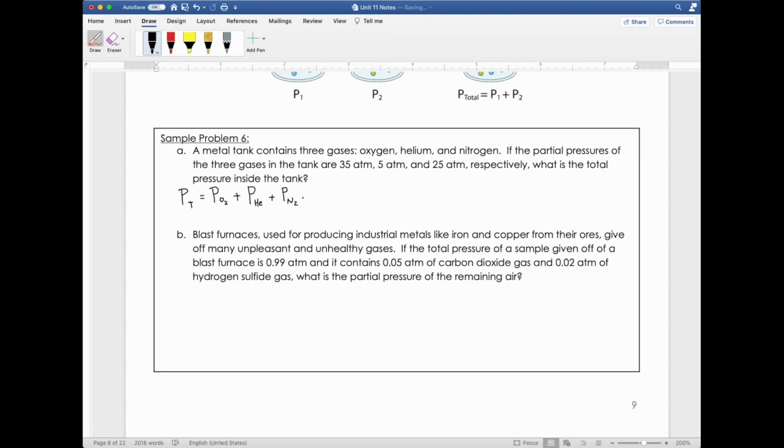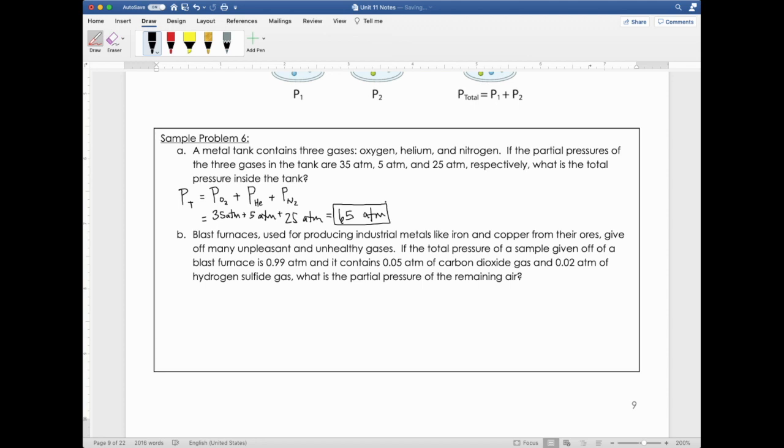If we want to know the total pressure, all I have to do is add up the partial pressures of the component gases. Oxygen is 35 atmospheres, helium is 5 atmospheres, and nitrogen is 25 atmospheres. The total pressure would just be the sum, which is 65. That's a very basic example of Dalton's law of partial pressures.